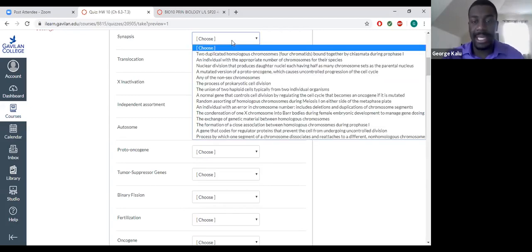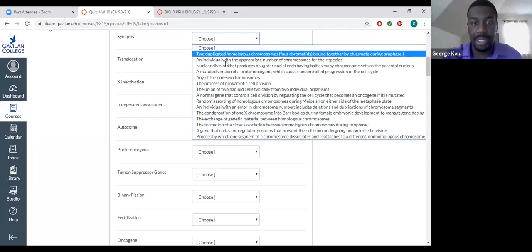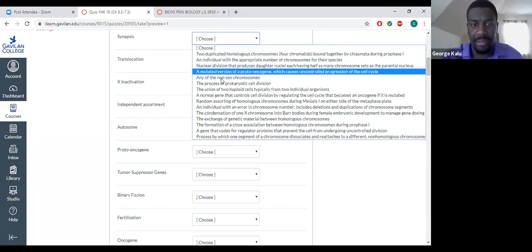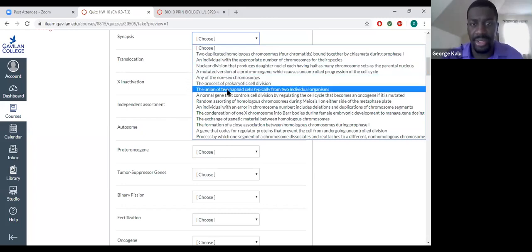What is synapsis? Right, it's the pairing of two homologous chromosomes. I'm trying to find out where that is here.